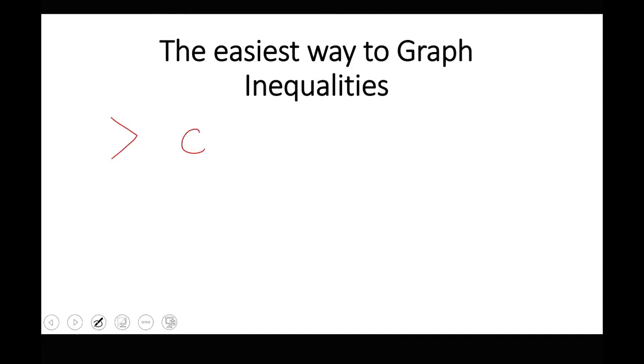Okay, so when you read this, if you see this symbol where it's pointing to the right, sorry, my handwriting's not great on this. It means greater than. When you are graphing an inequality and you see that symbol, you use an open circle.